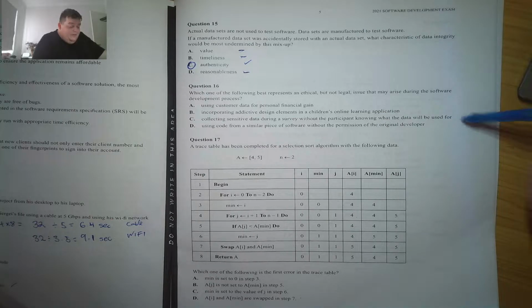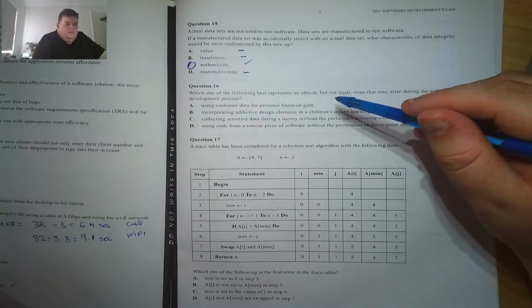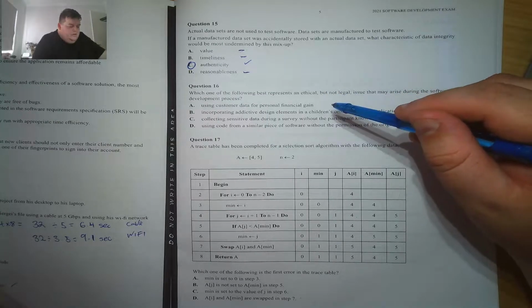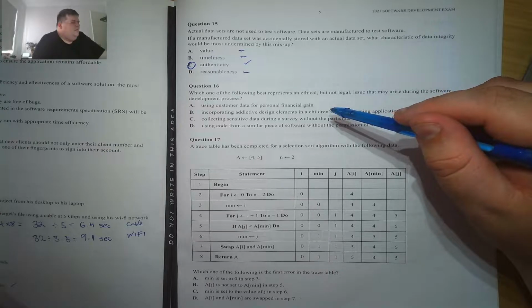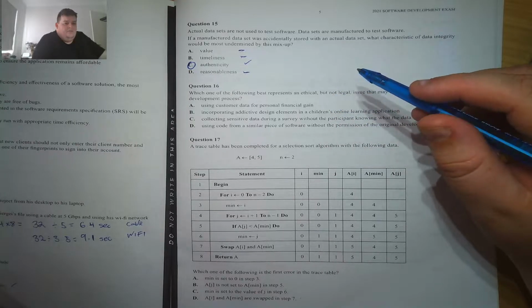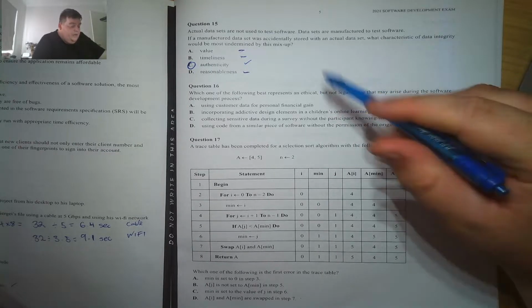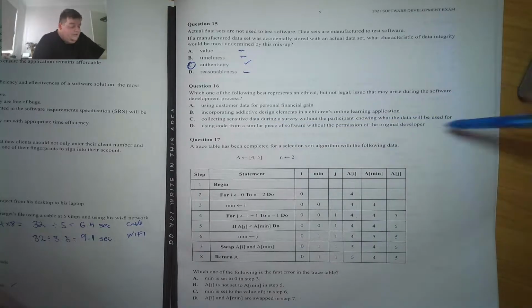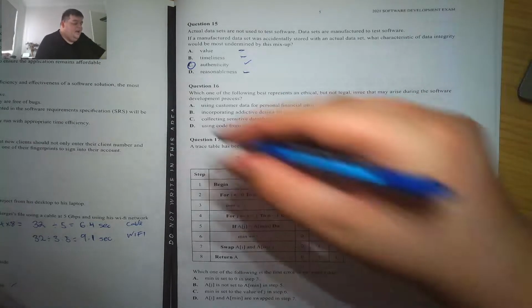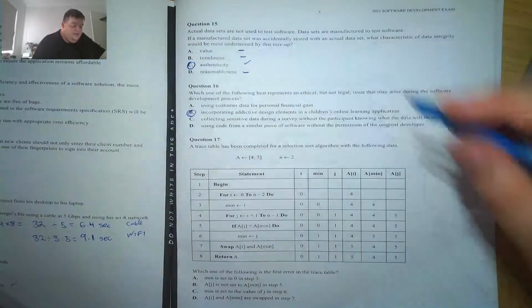That's a violation of the Data and Information and also the Privacy Act, I would say. Using code from a similar piece of software, well, that's copyright. So it's definitely not those here. It's definitely not A. It's got to be B. Right? Because A, you're just straight up selling it.